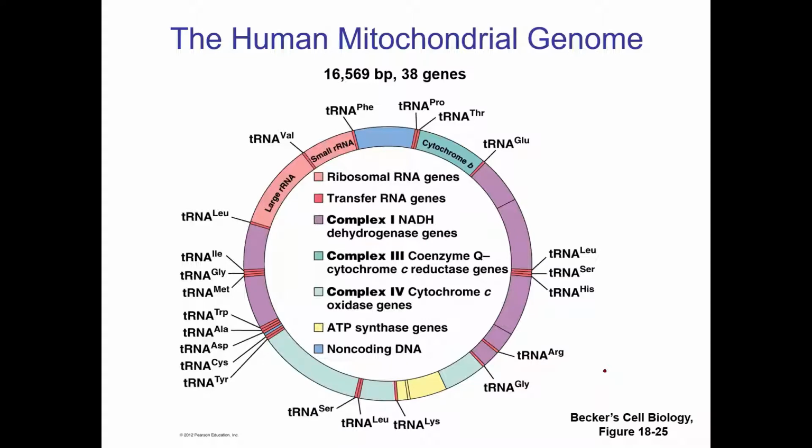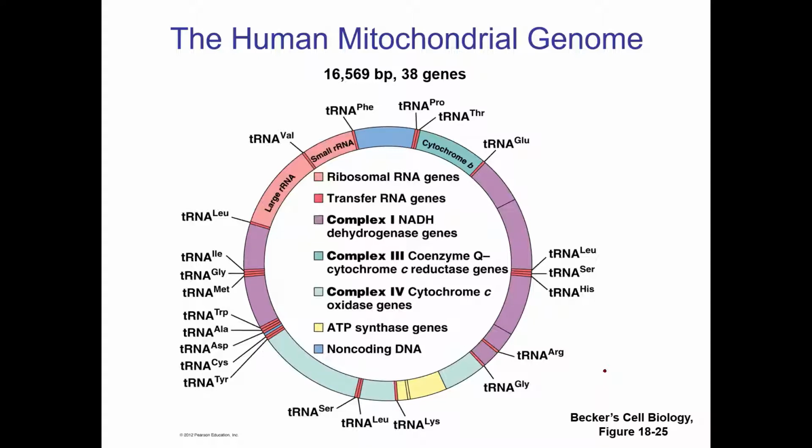So the human genome, of course, we don't just have our main genome, but we also have organelles, such as our mitochondria, that have their own genomes. Actually, in humans, that's the only other organelle that has its own genome. It's not huge. You can see it's about 17,000 base pairs, 38 genes. So this is tiny. You can see it's showing there what the genes encode for.